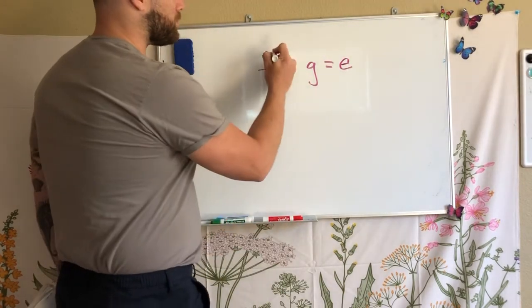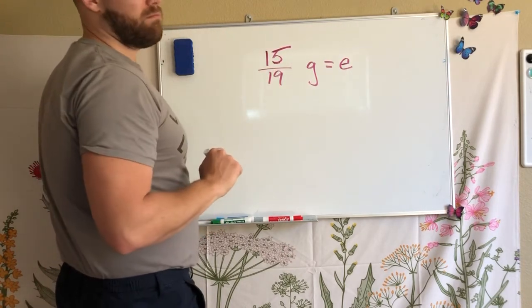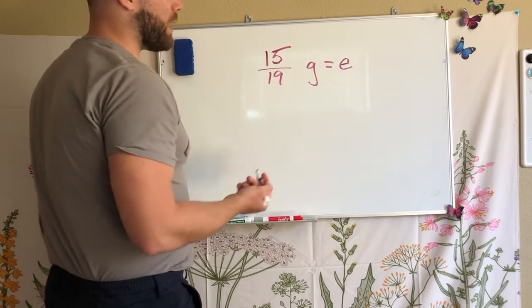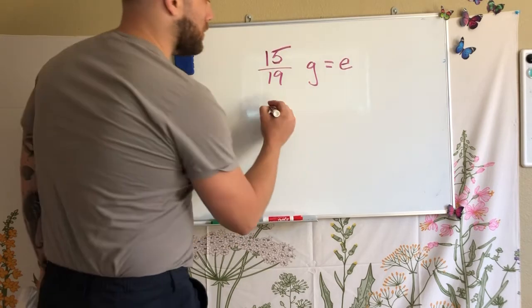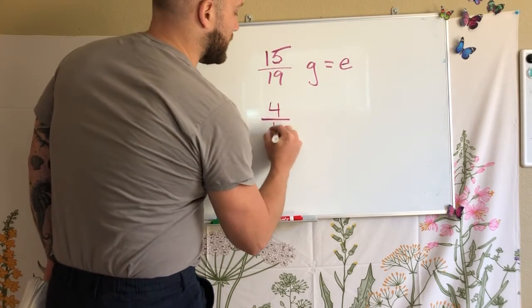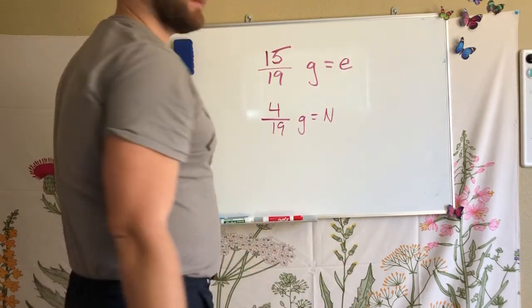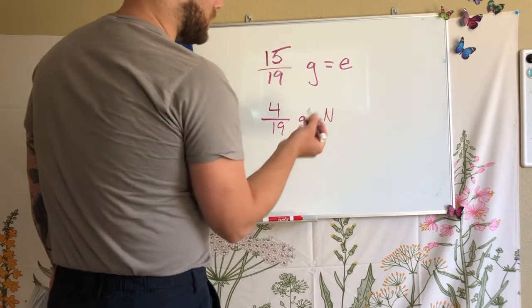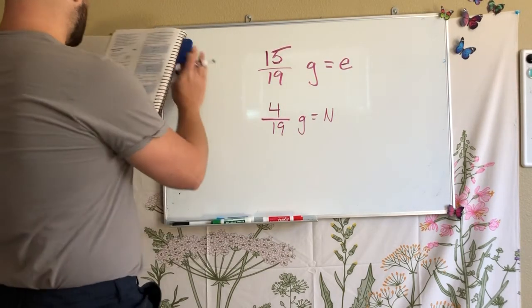So, 15 out of 19. So I know I have 19 girls in all. Well, if I have 15 right now, how many does it take to get to 19? 4. 4 of the 19 girls were not eating. Maybe they already ate, maybe they were just full. I don't know.